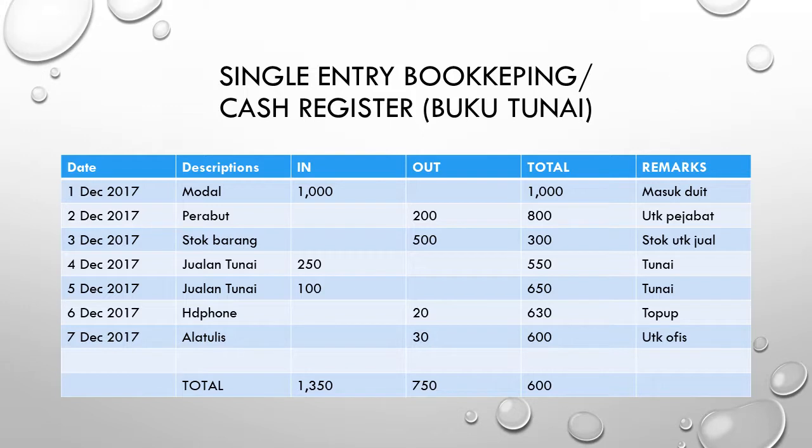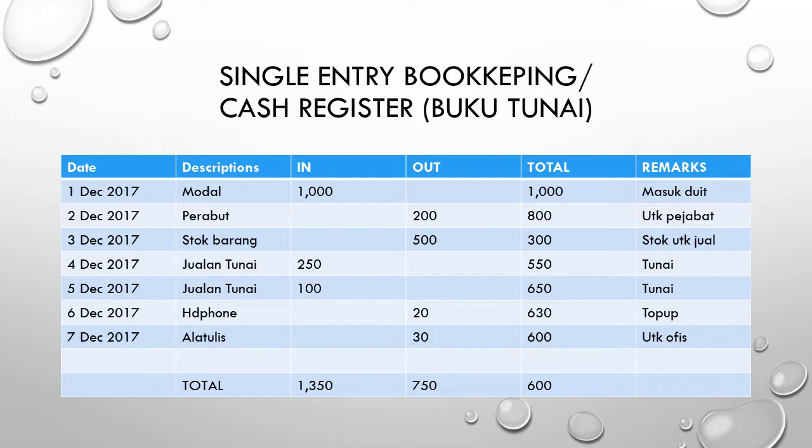to 300. And on the following day, you have cash sales 250, so the amount has increased, 300 plus 250, so you have 550. And you also have another cash sale, so the amount has also increased.